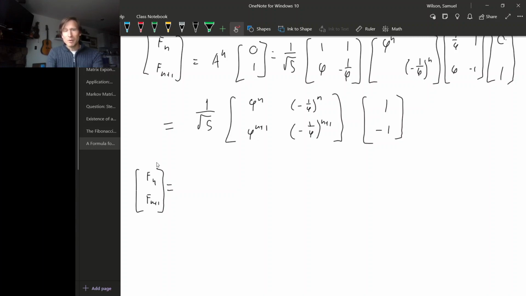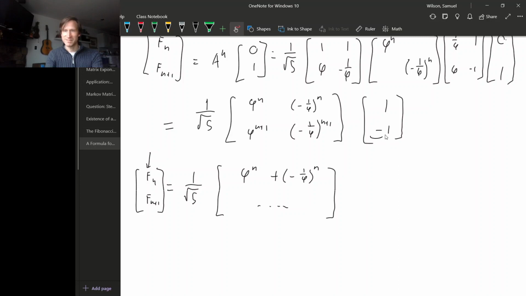What we really want is a formula for f sub n. So let's just work out the first entry in this matrix product. The second entry we don't really care about. It's phi to the n plus minus 1 over phi to the n.